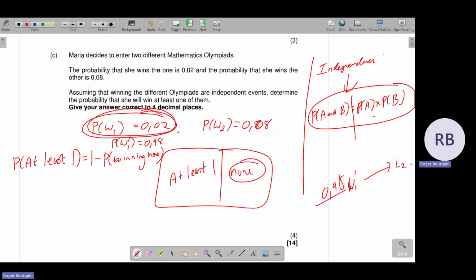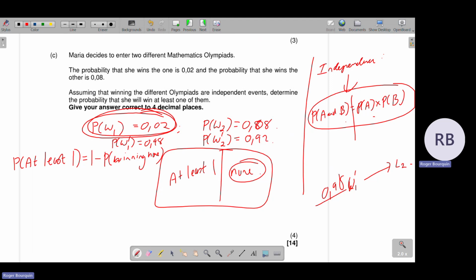It's 2% that she wins, so it's 98% she doesn't win. For the second one, it's an 8% chance to win, so there's a 92% chance she doesn't win. So the probability of not winning is 0,92.